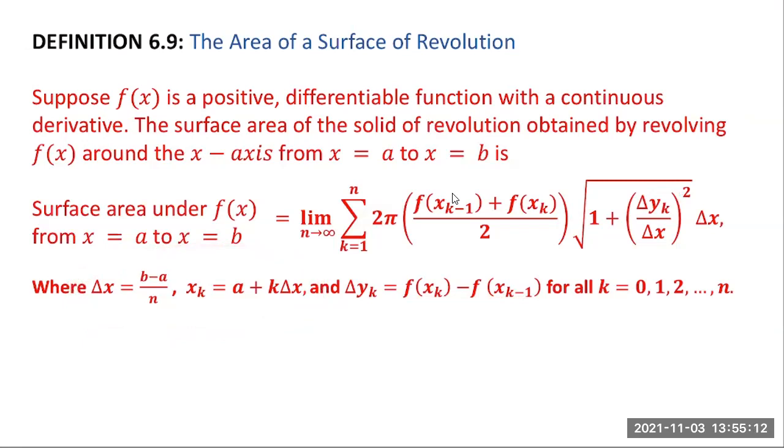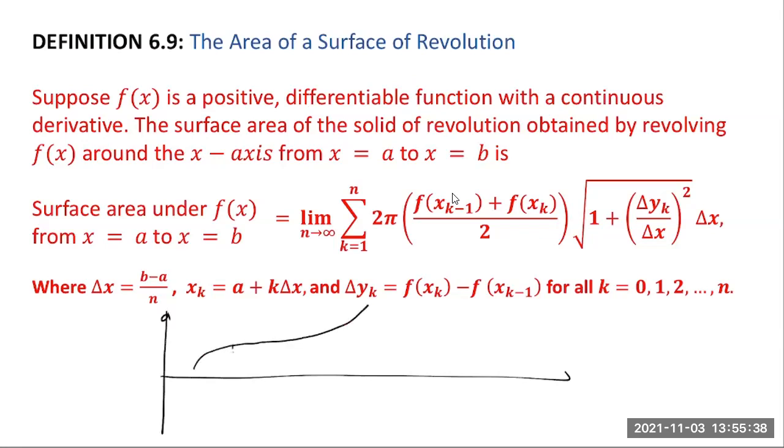All right, what does this tell you? This tells you a way to find the surface area of a surface obtained by revolving a curve about the x-axis. Here is the picture. Let's look at the geometry. Suppose you have a graph f of x like this on the interval a comma b.